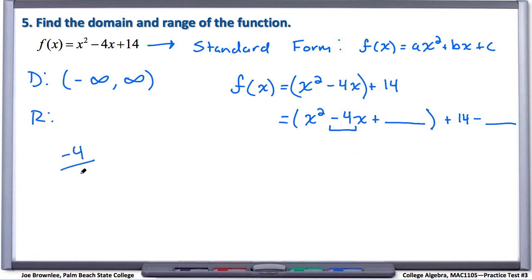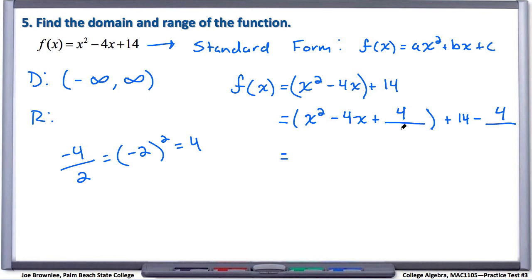So negative 4 divided by 2 is negative 2, and when we square this, we end up with positive 4. So we add 4 to the inside, but because we're adding 4 to the inside, we have to subtract 4 from the outside. That's where those little blank lines come into play. It just helps me remember what we're doing.